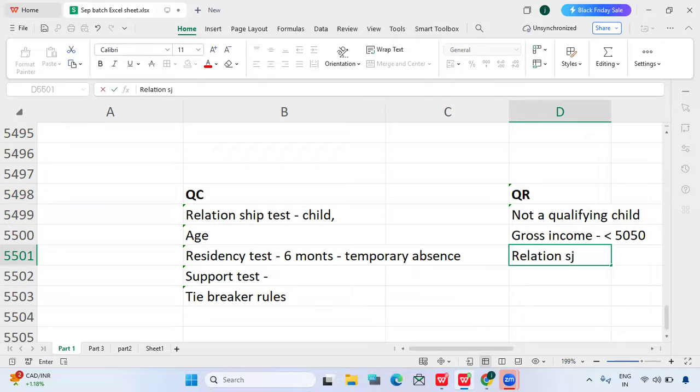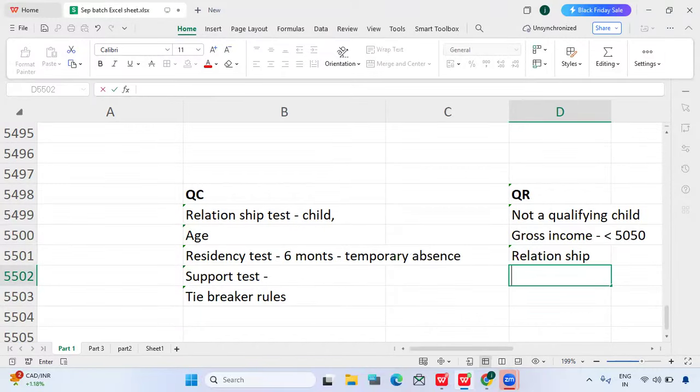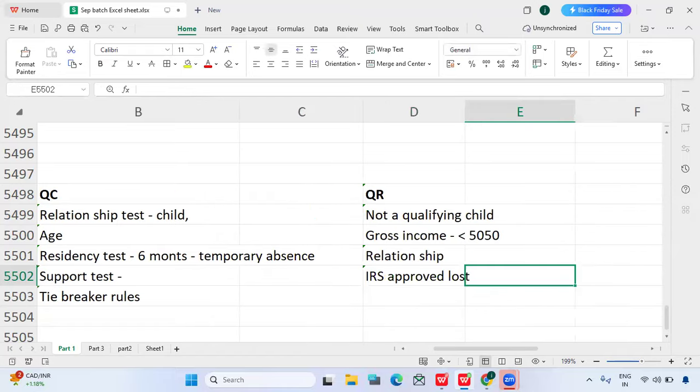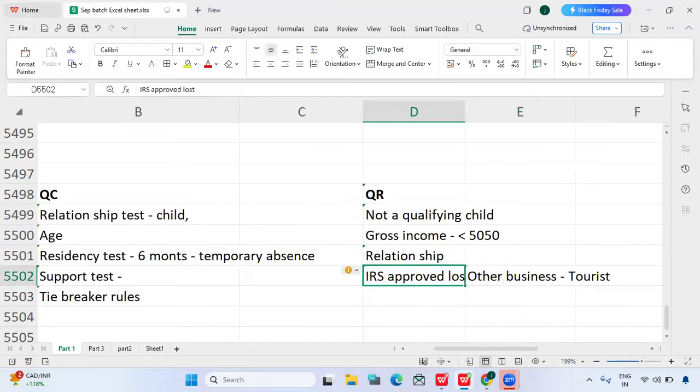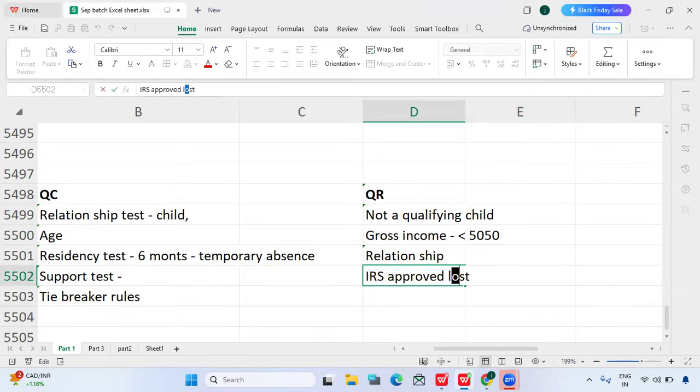In the relationship rule, we have seen two types of rules. One is the IRS approved list, others. So who needs to reside with the taxpayer for all the year? Other relatives. So do the approved list persons need to reside with the taxpayer?